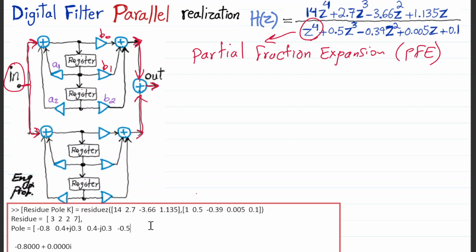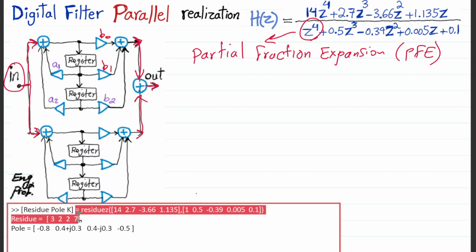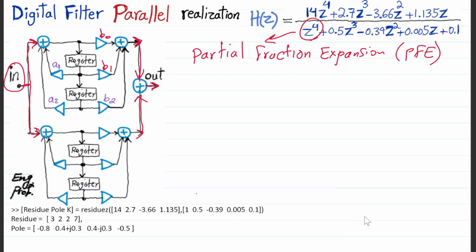Order matters, by the way. Be careful about order, because these poles correspond to those residues you see on top. So minus 0.8 corresponds to 3, these two correspond to these two, and then negative 0.5 corresponds to 7.